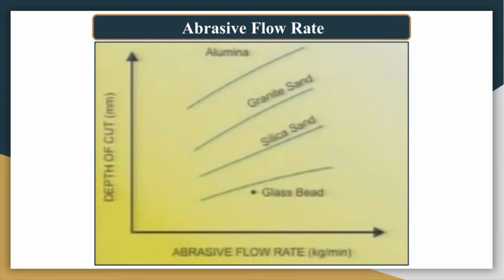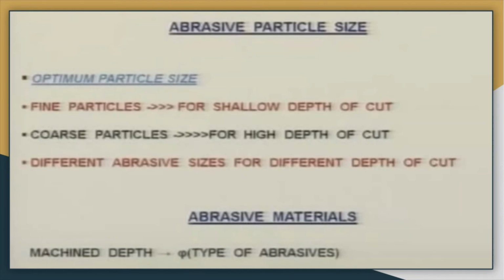Now abrasive particle size. There is always an optimal particle size for the particular application, which includes the workpiece material also. Fine abrasive particles are good for shallow depth of cut, and the coarse particles are good for high depth of cut.